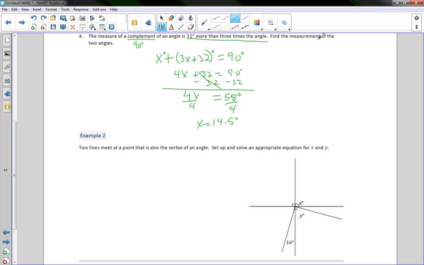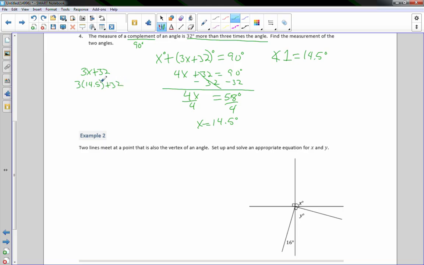Okay, find the measurement of the two angles. So angle 1 equals 14.5 degrees. Angle 2 is 3x plus 32, and x was 14.5 degrees.